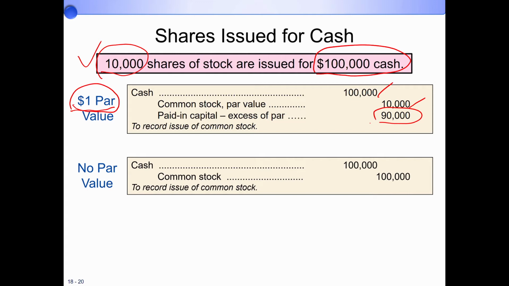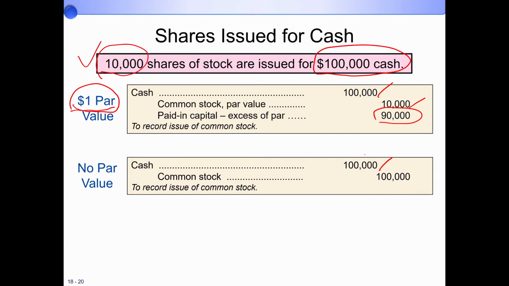And what if this company has no par value? Remember, a company is registered in different states, and that state has no requirement about par value. So this company has no par value, and then what are we gonna do? You're still gonna issue 10,000 shares and receive $100,000 cash.